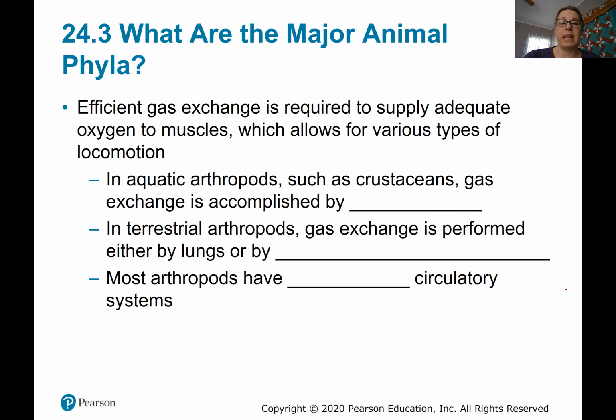Okay, getting gas exchange, getting oxygen into the body is going to be really important so they can move and fly and eat and do all of those things. Arthropods that live in the water, like crustaceans, like shrimp and crayfish, will use gills.